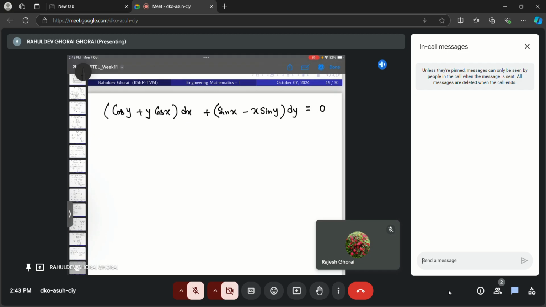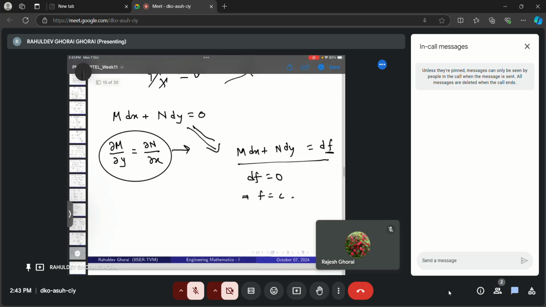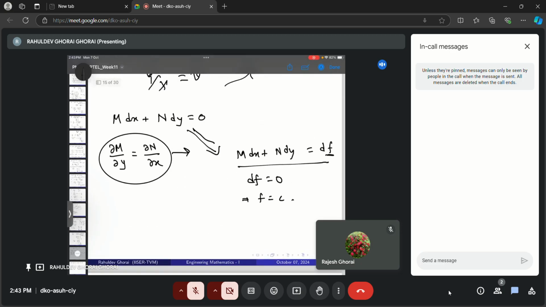Check whether this is exact or not. What I have said is how we check exactness for this type of differential equation.